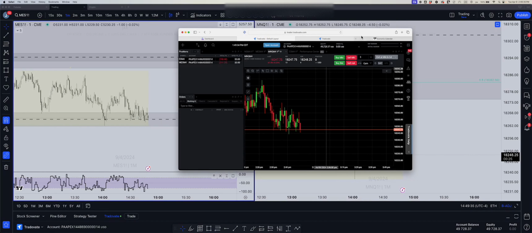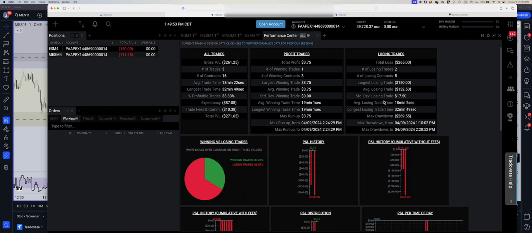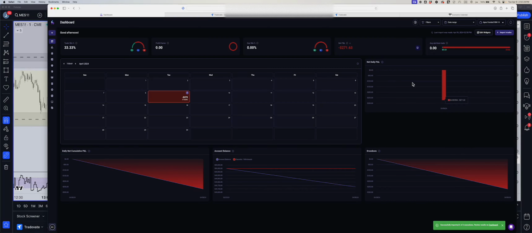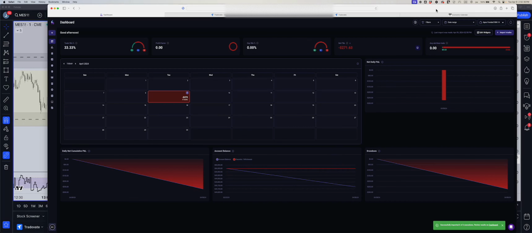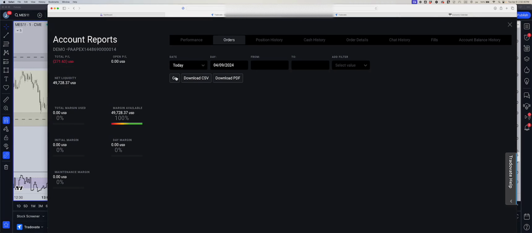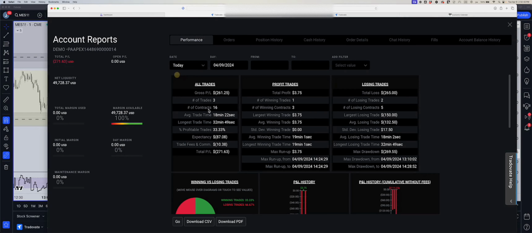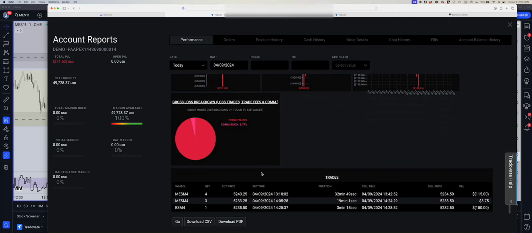Basically today, if y'all can see this, so today we are down $271.63. All right, so today we did negative $271.63. Not sure if this is visible, but that is completely in line with today's performance summary. All right, took 3 trades.